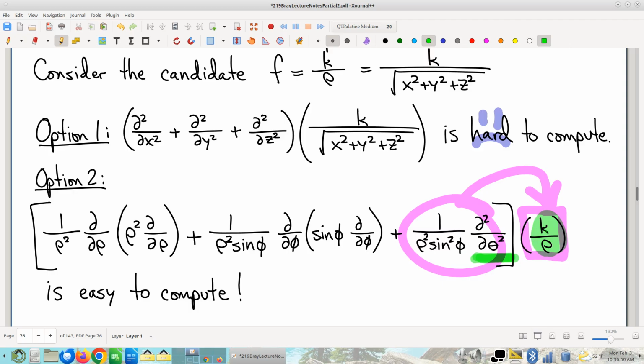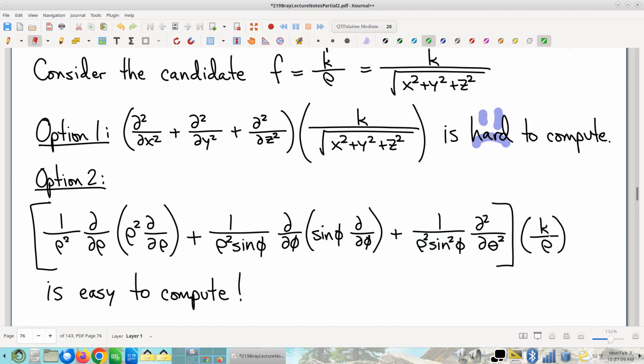Gone. The whole term, poof, disappears in a puff of smoke. Because the very first computation I get is a 0. The theta partial of that 0 is still 0. When I multiply that next factor by 0, I get 0. We got 0. Right? So this first term, obviously, 0.